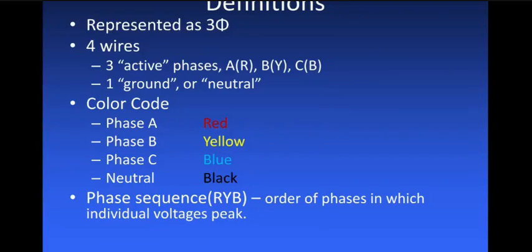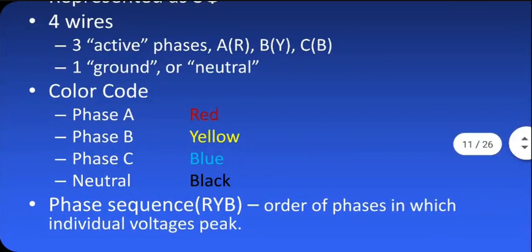Oh yeah, other thing: the three lines, the three wires coming out, are either called phase A, or actually line A is a better word. Line A, line B, line C, etc. In many books and in real life also, we say red, yellow, and blue, because the wires are coated with dielectric material, and that dielectric material is given a certain color to distinguish one line from the other.